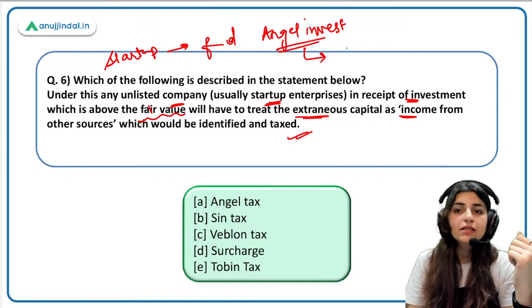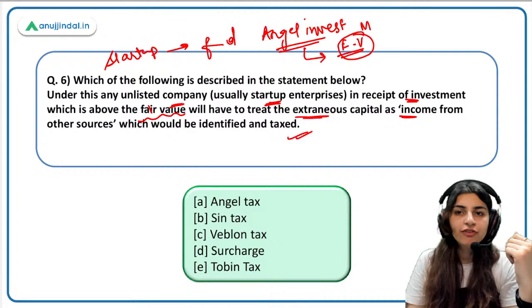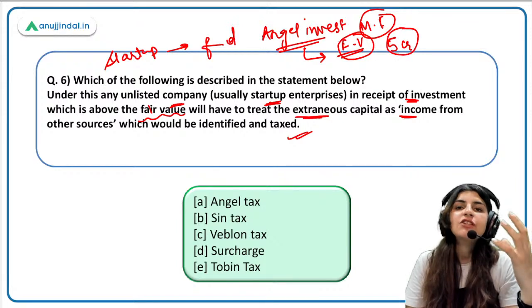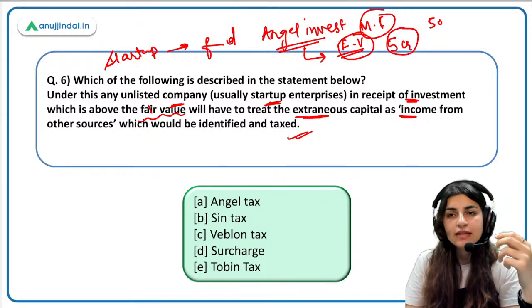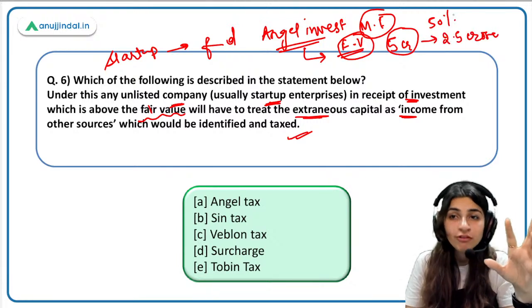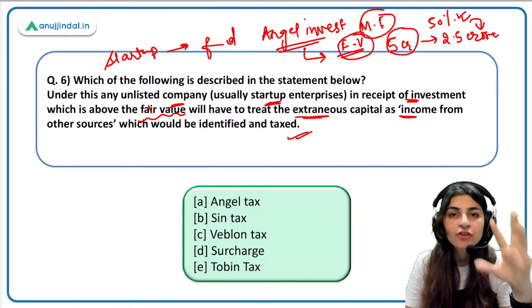So what happens is, a startup's fair value, market value, is analyzed. Let's suppose the fair value is 5 crore and an angel investor wants to invest for 50% in this company. Therefore, as per this calculation, for a 50% share they will give 2.5 crore.